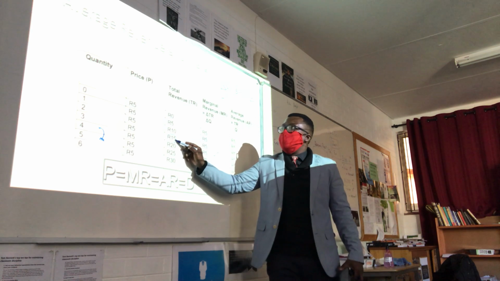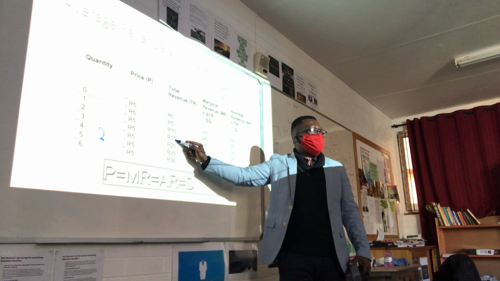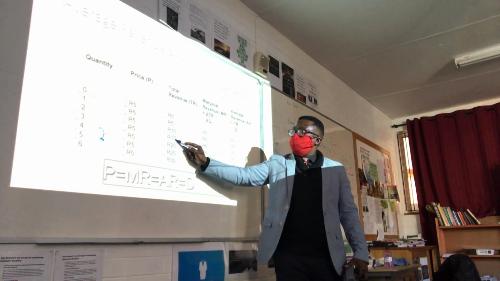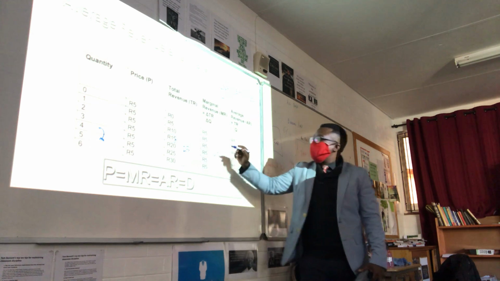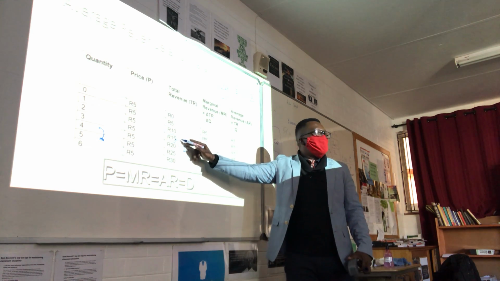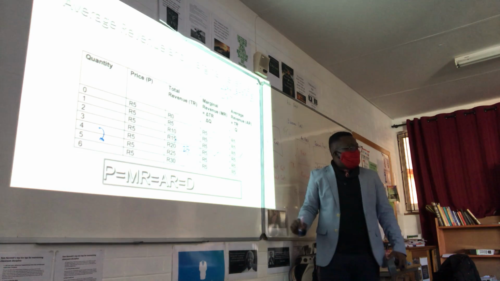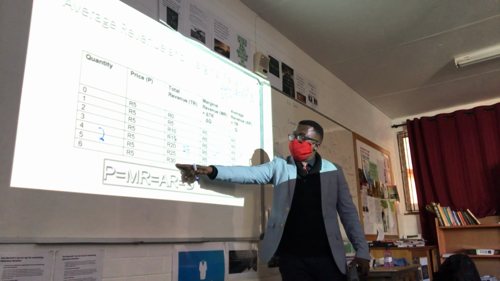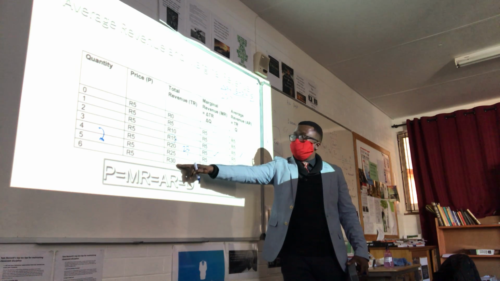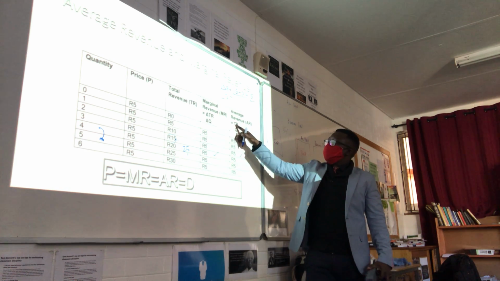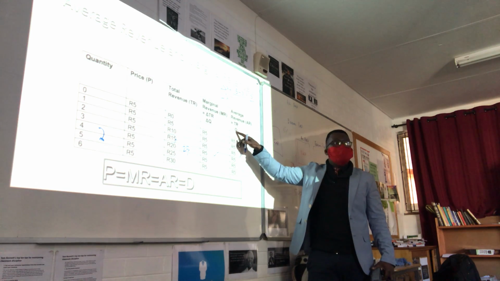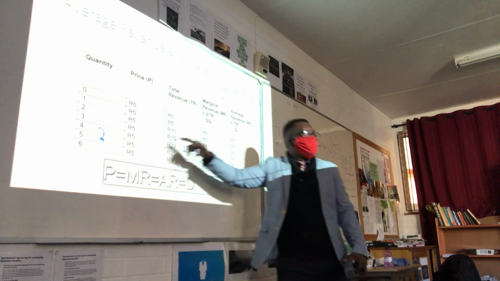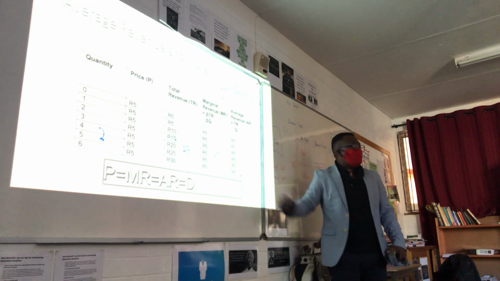Divided by quantity, what's the quantity for 3? 3. 15 divided by 3 is 5 rand. Total revenue for a quantity of 6 is 30 rand. Total revenue divided by the quantity, which is 6, therefore you get 5 rand.